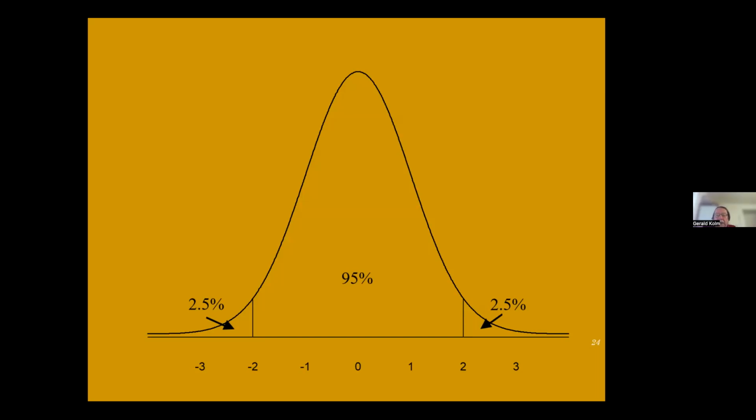And so that's where we are coming up with our 95% confidence interval. How we calculate the upper and lower bounds is by taking the lower and the upper 2.5%.